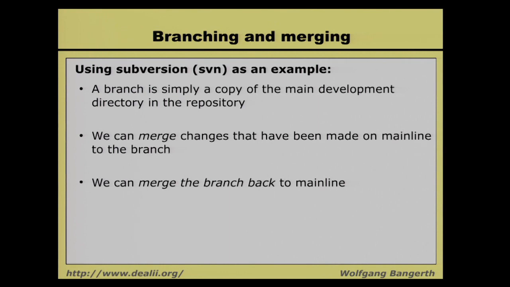So let's say you take the current state of your development sources and you copy them somewhere else, and then you can continue to develop them with a sequence of commits, and you can merge them back because SVN tracks, let's say, where you copied your branch from. Okay, so that's the way SVN does this.